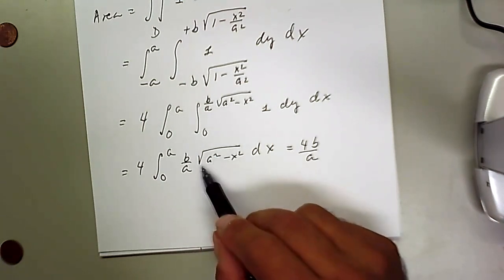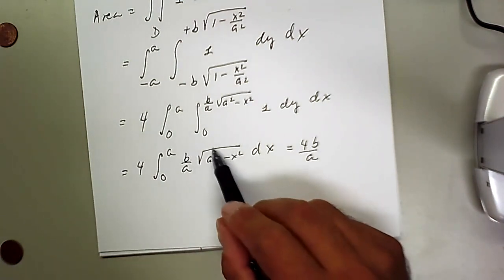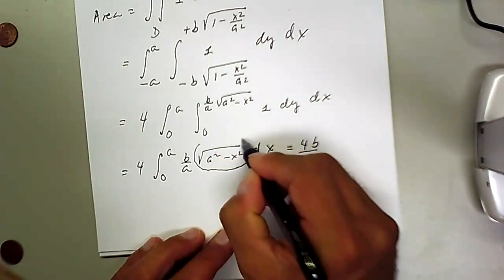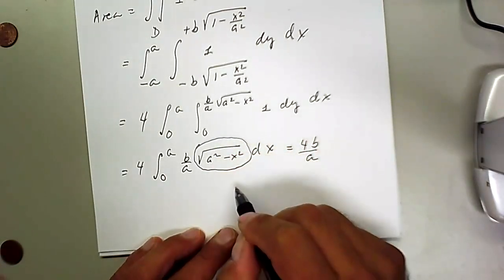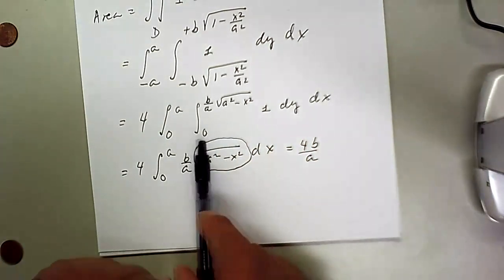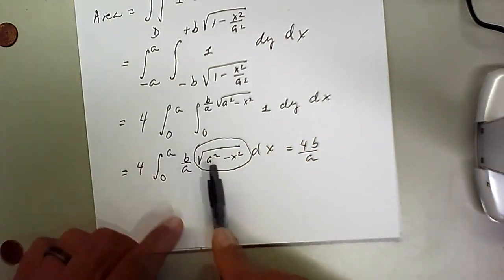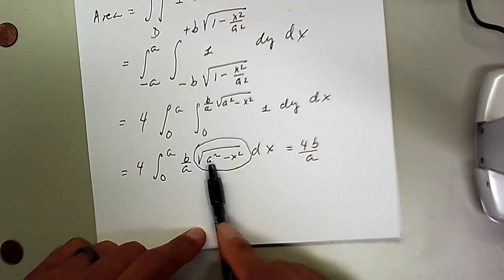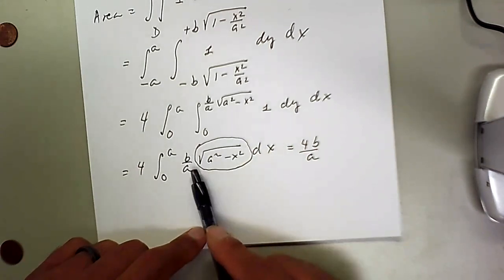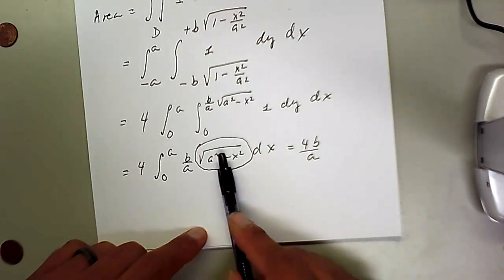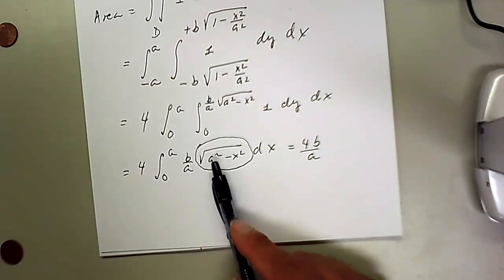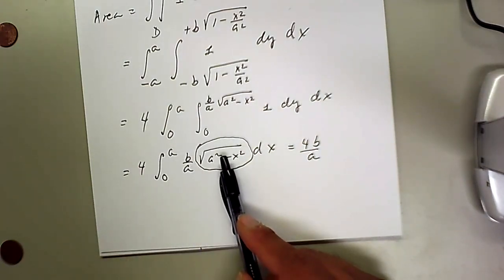But I'm thinking as we speak, if you look at this portion, this is just a circle of radius a. If you forget about anything else, if you just have y equals square root of a squared minus x squared, that is the upper half of a circle of radius a. And if we're integrating from 0 to a, we're actually ending up with just a quarter.